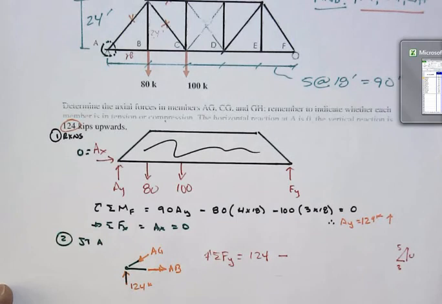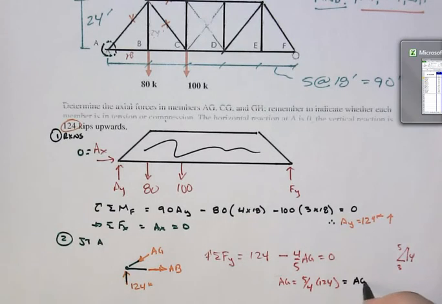And so that vertical component here then will be 4/5 of AG. Set that equal to 0, so therefore AG is equal to 5/4 times 124. And 1.25 times 124 is going to be 155 kips total, and as shown, that would be in compression.